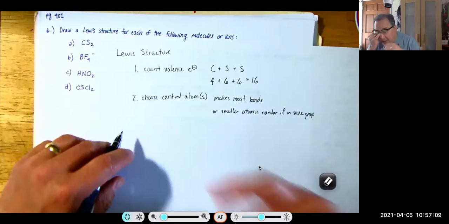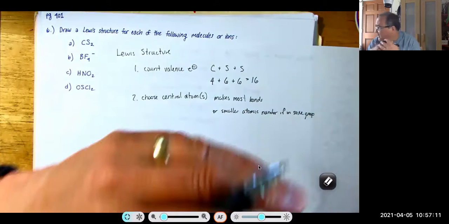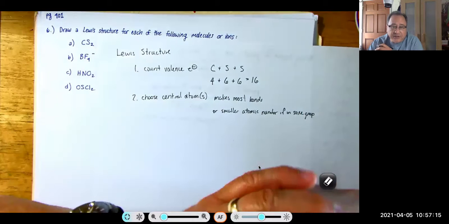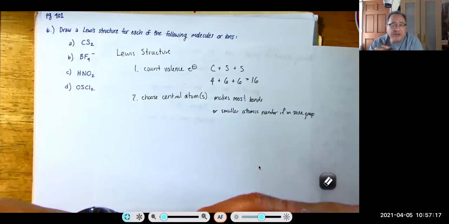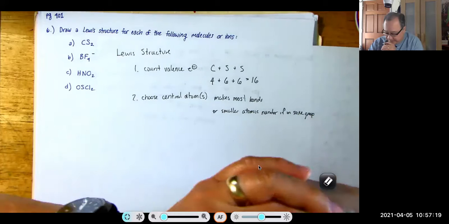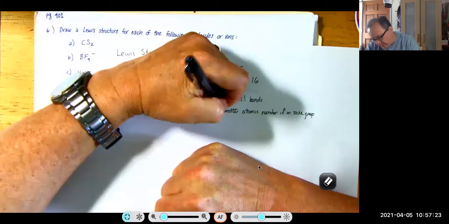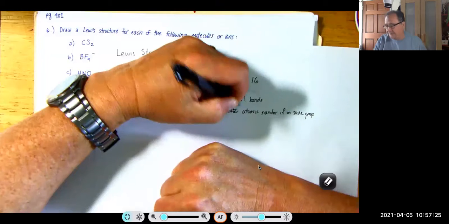So like if you had a carbon versus a silicon, you would choose carbon as your central. Or if you had like oxygen versus sulfur, it's not smaller, larger atomic number. You choose sulfur.